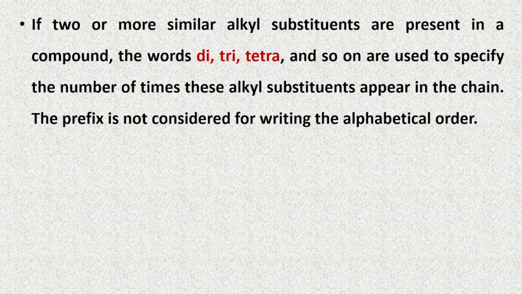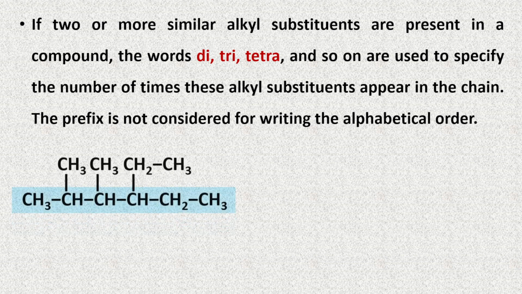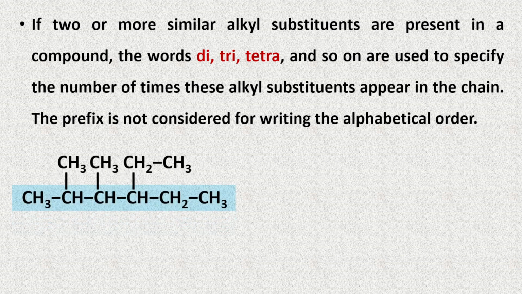If two or more similar alkyl substituents are present in a compound, the words di, tri, tetra, and so on are used to specify the number of times these alkyl substituents appear in the chain. The prefix is not considered for writing the alphabetical order. In this organic compound, there are two methyl substituents.